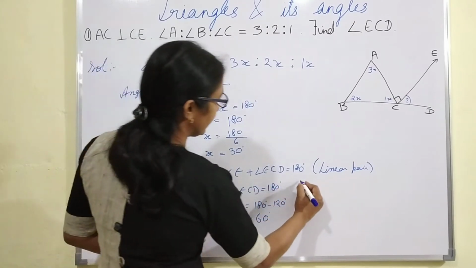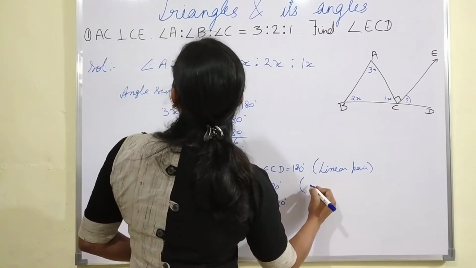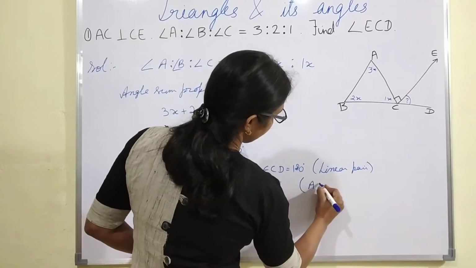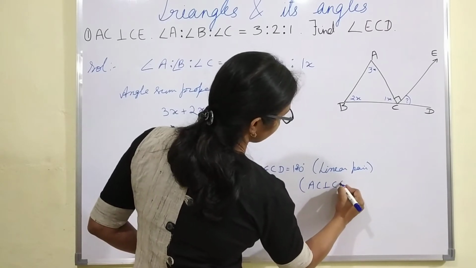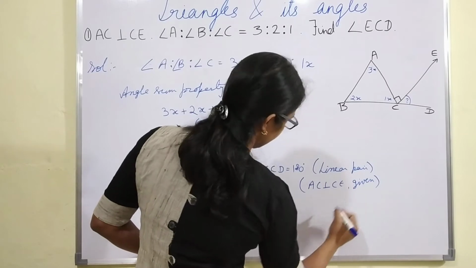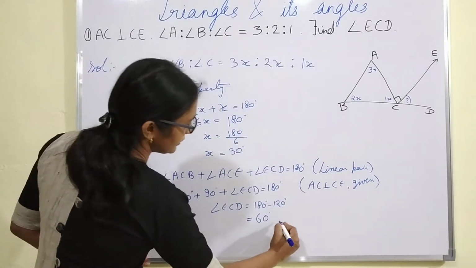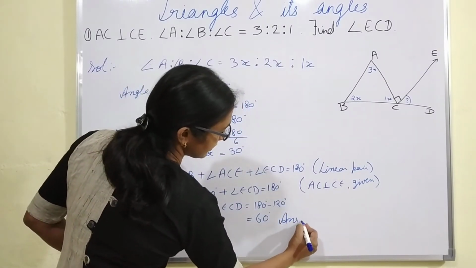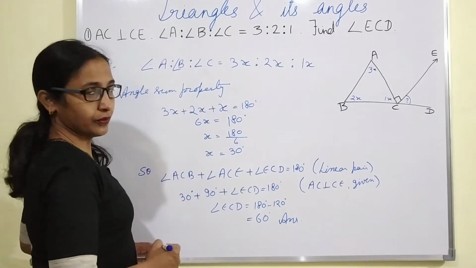You have to write here, it is given AC is perpendicular on CE. Okay, so it's your answer.